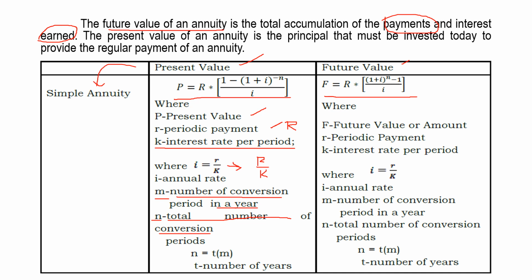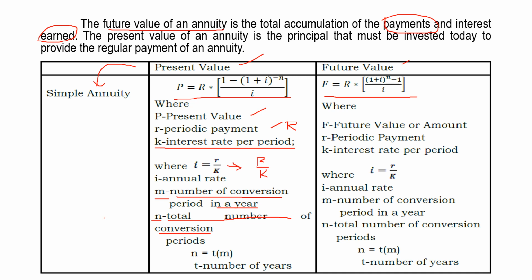So for example, how many quarters are there if the given T or time or term is 5 years? We just simply multiply 4, since there are 4 quarters in a year, by 5 for us to compute how many quarters there are within 5 years. So that will be 4 multiplied by 5, it's 20.